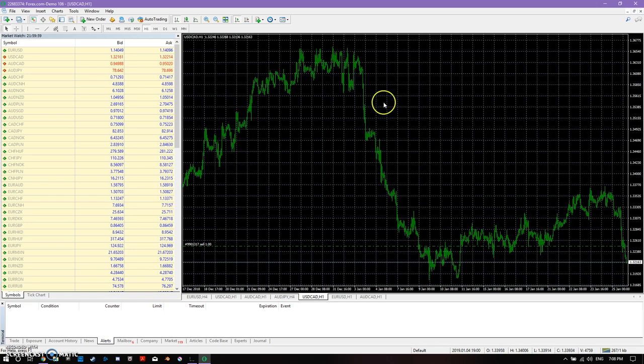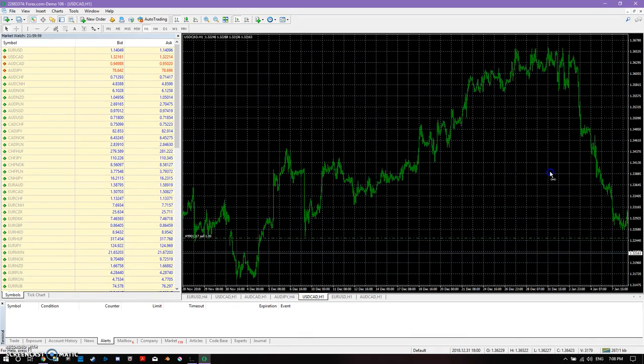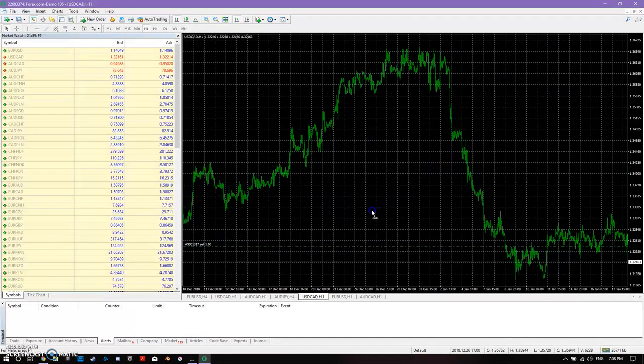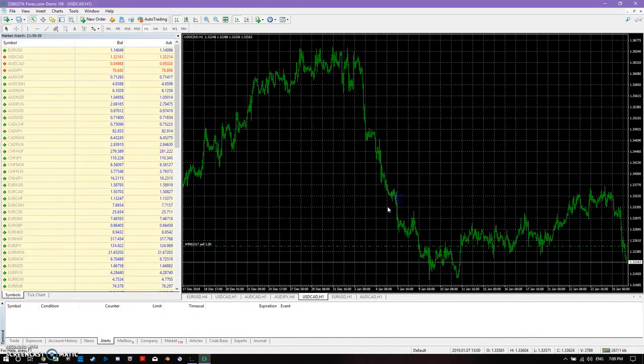This is where you want to sell, but not selling at the lower end of the bear trend. You want to sell at least close to the beginning of the bear trend. The same thing with the bull trend, where you want to closely buy almost near to the top or near to the middle. Around there will be a good place to buy.